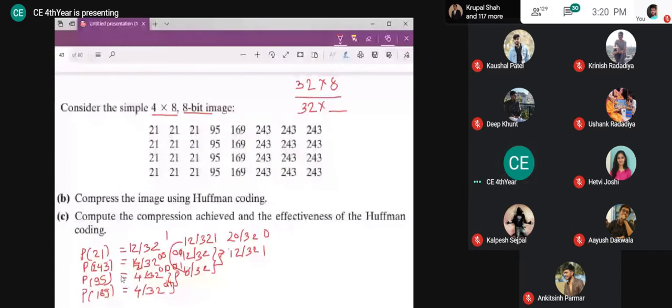So tell me first, find L average. You know how to find it: length of your code word into probability of occurrence of that length. So calculate L average.